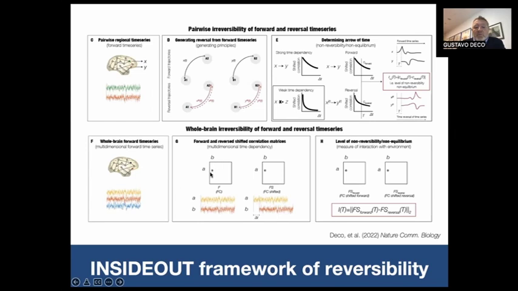We take all the pairs. So for that, we define a matrix, which is basically the shifted correlation for all pair combinations for the forward and for the backward version, and basically comparing these matrices, we get exactly a number at the end of the day, which at the global level is characterizing the level of non-reversibility.